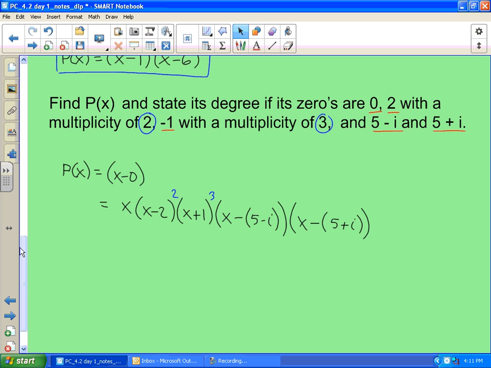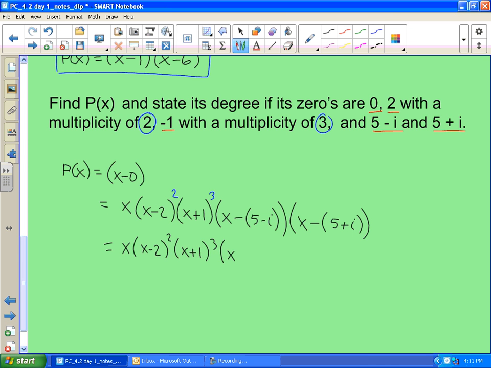All right. Now, you might find that some people actually do something with those imaginary zeros down there. Might write it like this. x, distributing that negative, x minus 5 plus i, and x minus 5 minus i. You might see it written that way as well.